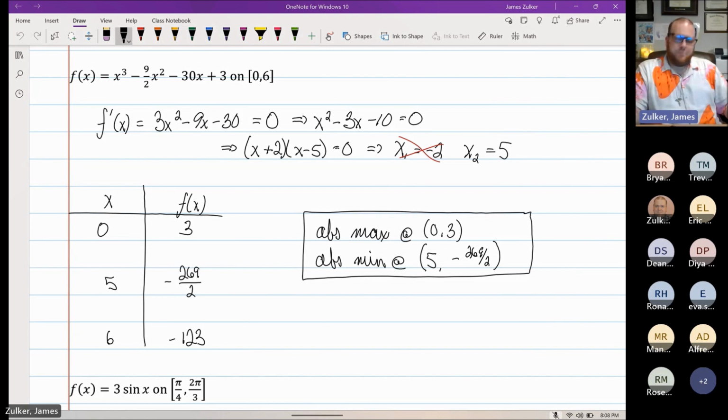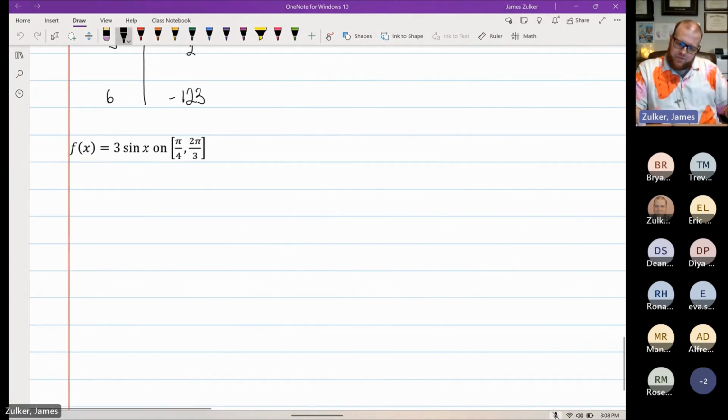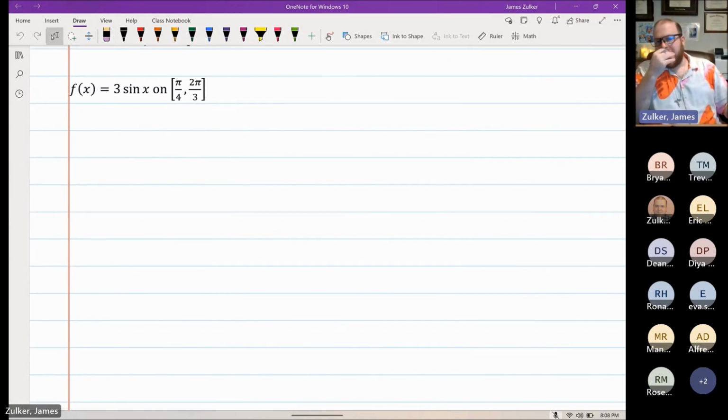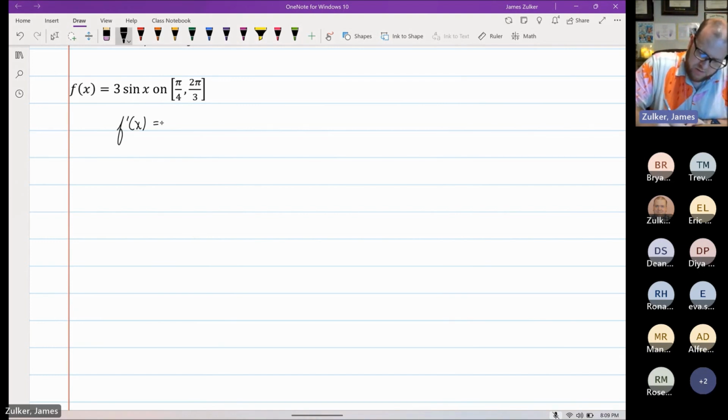So now what about 3 sine of x on pi over 4 to 2 pi over 3? And again, first we need critical points. So first we take the derivative.